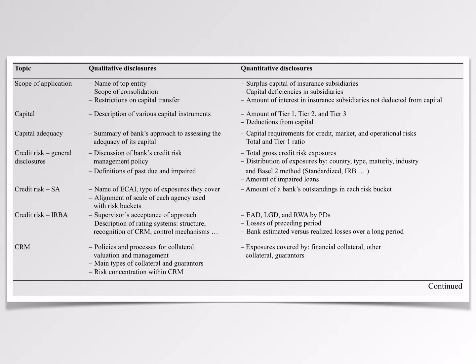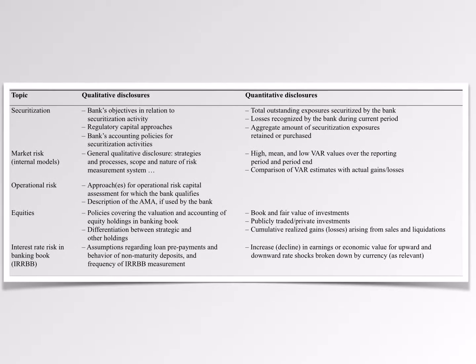The scope of required disclosures is very wide. Here is a summary of the main elements in this table. The qualitative and quantitative disclosures are made on all the following topics: capital, capital adequacy, credit risk management, securitization, market risk, operational risk, equities, and interest rate risk in the banking book.